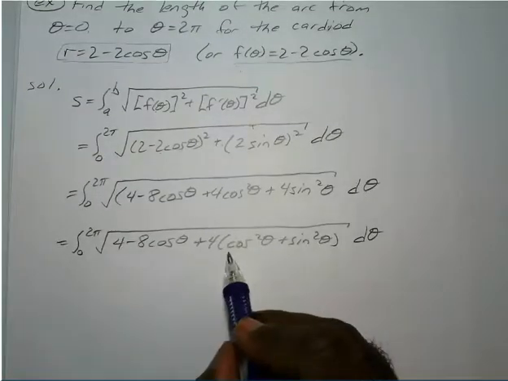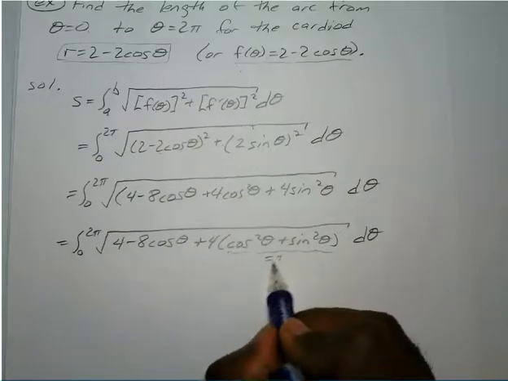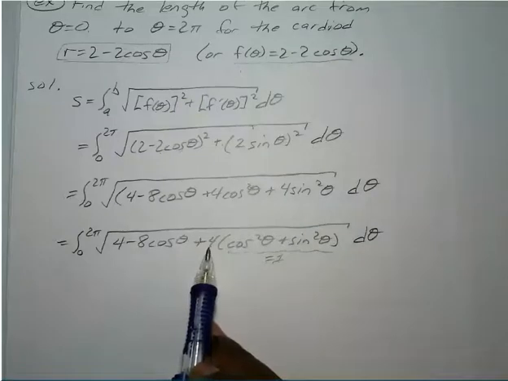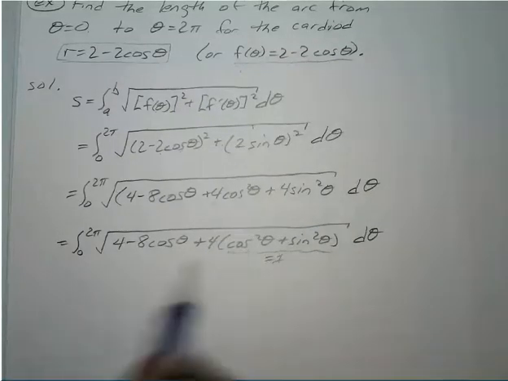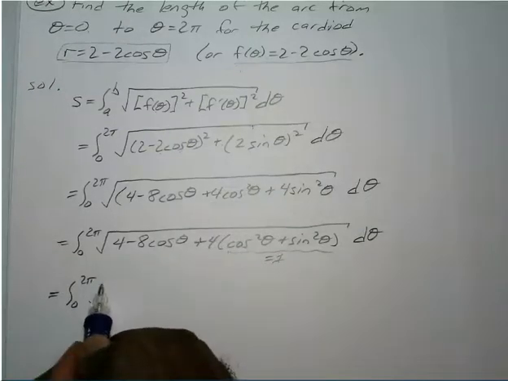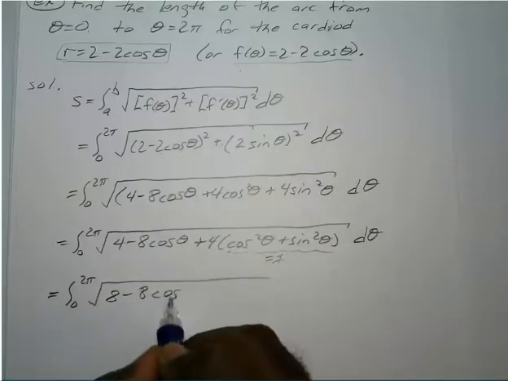Okay, so you remember cosine squared plus sine squared is equal to 1. So we end up with 4 plus 4, because this is just 4 times 1 is 4. So we end up with, from 0 to 2 pi, the square root of 8 minus 8 cosine theta.